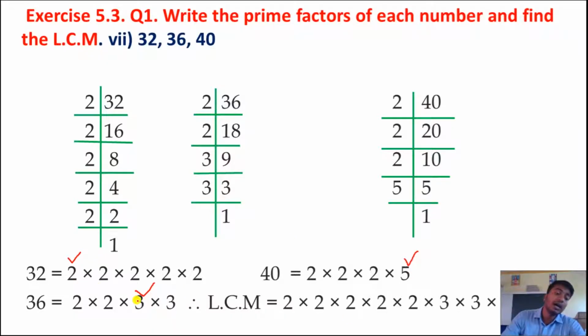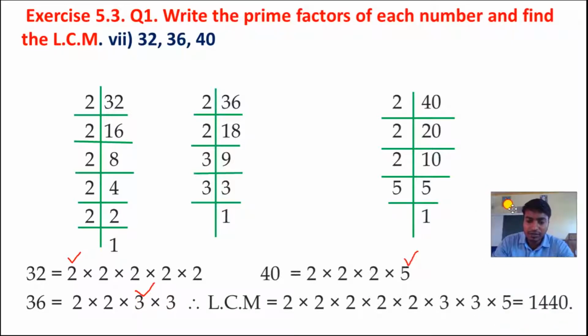Now we have to see the maximum number of 2s, the maximum number of 5s, and the maximum number of 3s. That means how many times 2 came at most, how many times 5 came at most, and how many times 3 came at most. Understood?